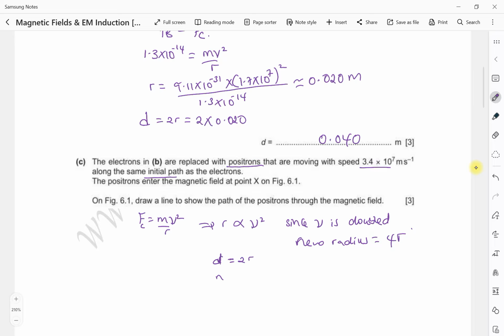Since the new radius is 4r, the new diameter is going to be twice the old diameter, because in 4 radius, we have two diameters. So the new diameter is going to be twice the first diameter.